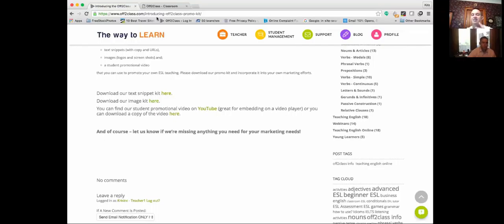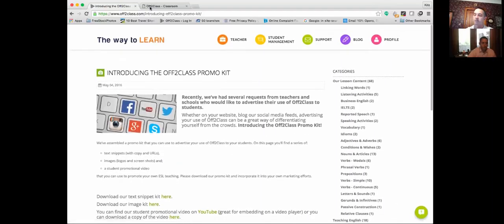Someone's just asked again about inserting a logo, so maybe you can quickly explain that. Sure. We have another question on inserting the logo. So I've shown you where the logo will appear on Off to Class.